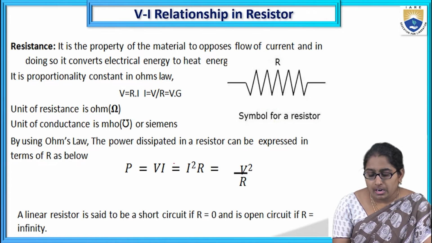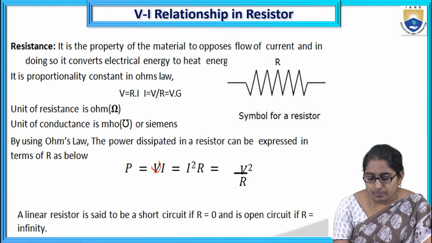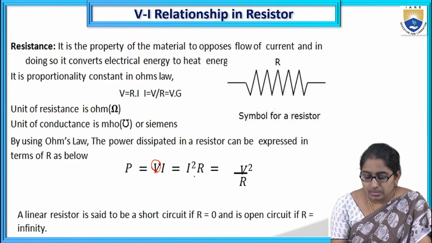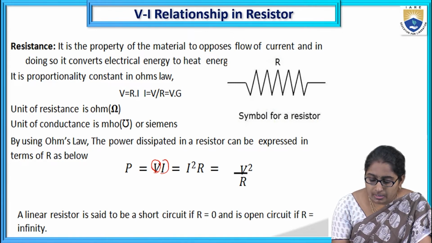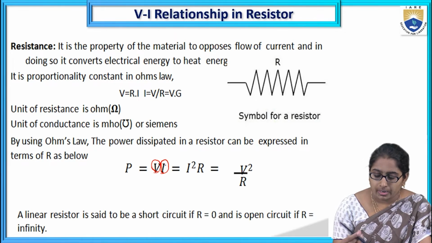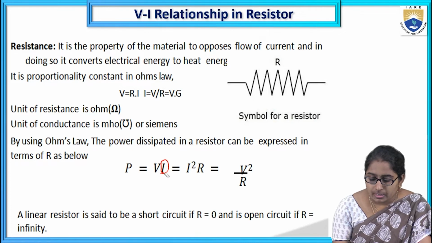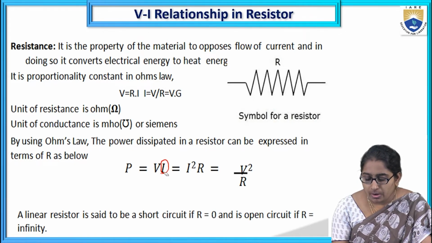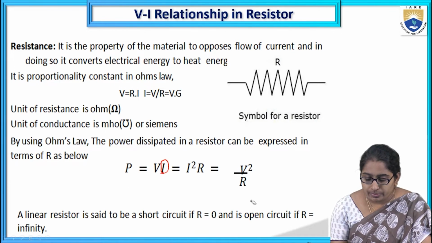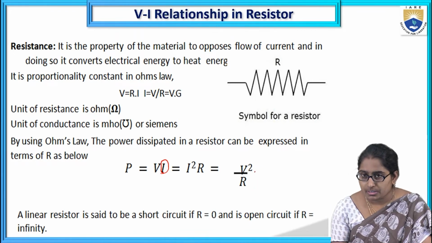If we substitute V equal to I into R from Ohm's law, we get the other expression for power, I square R. If instead I substitute I equal to V by R, then V into V by R becomes V square by R. This is the expression for power in a resistor.